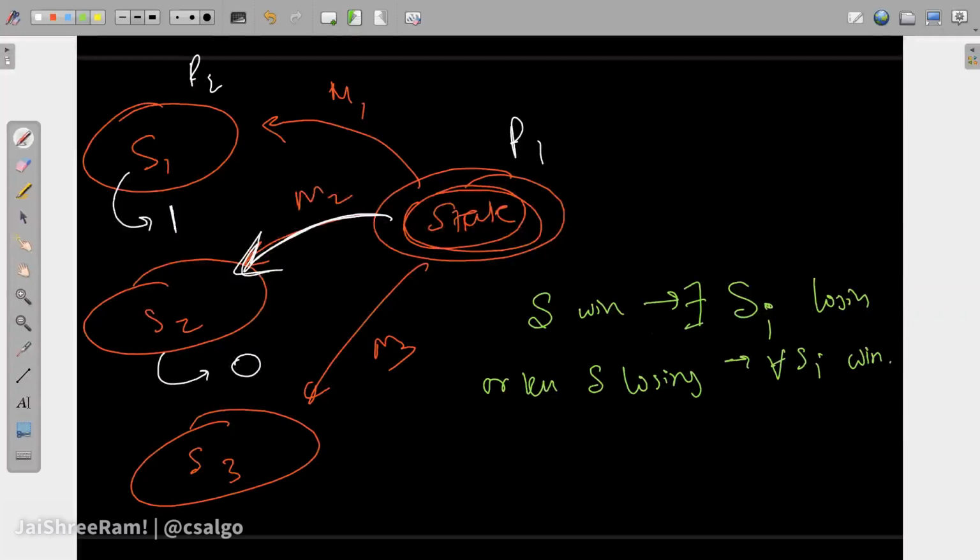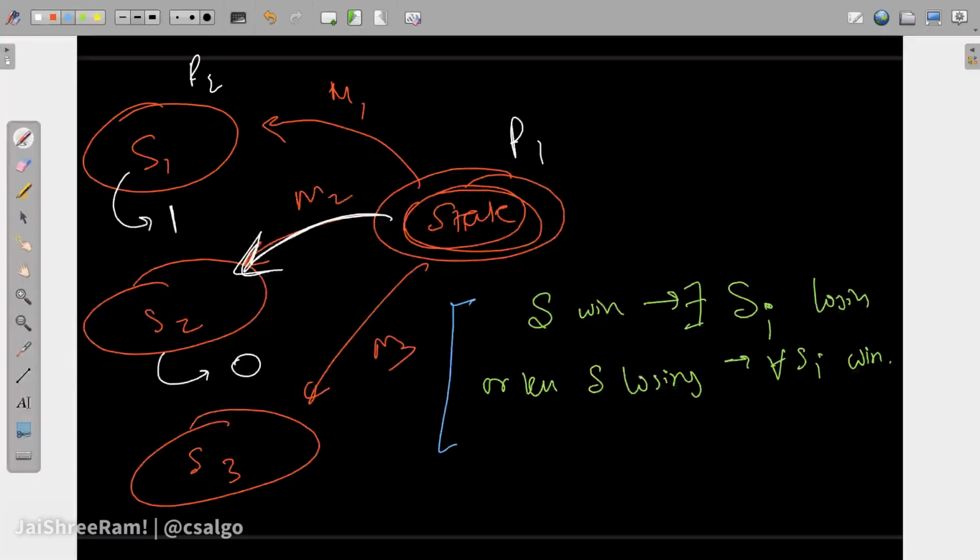So basically, if you are at a state and no matter what you move, your opponent is going to win, you are going to lose. And if you move and can push your opponent to a losing state, then he will lose, so you will win. This is the complete basis for any DP-based game that you will see. This is not even a concept, it is quite common sense: if at a particular move you can push your opponent to a losing state, you will push him. That's it. So that's all we will be following.